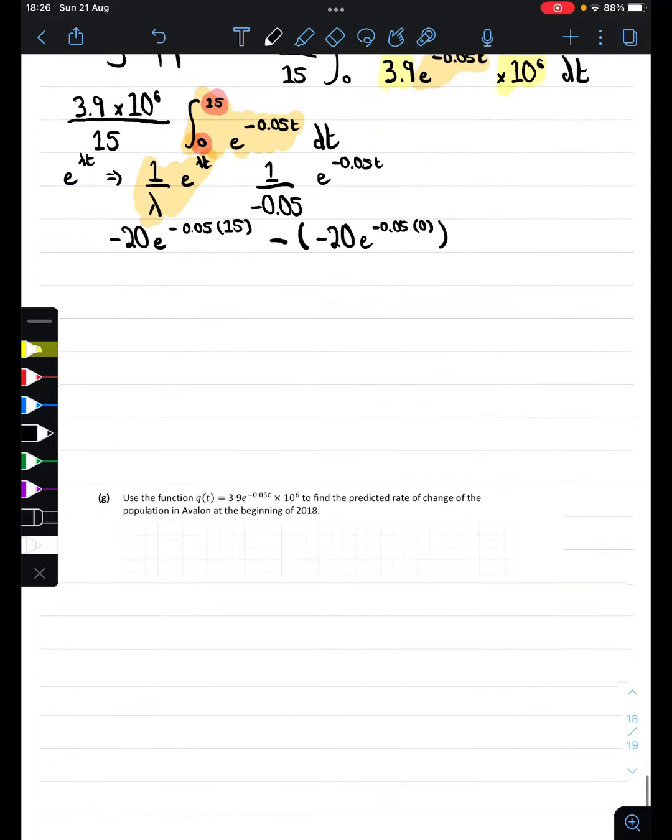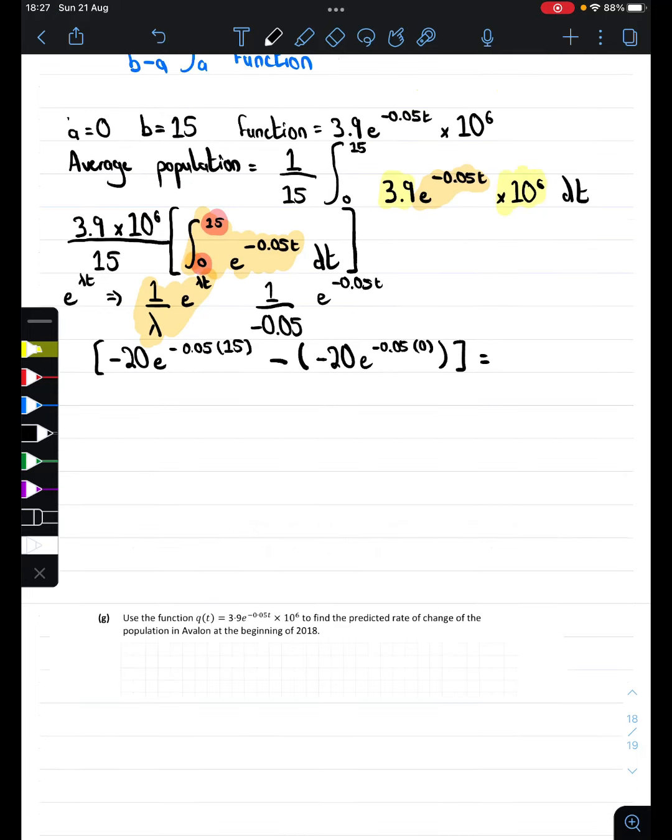And so this whole thing, this thing in square brackets, is 10.55.